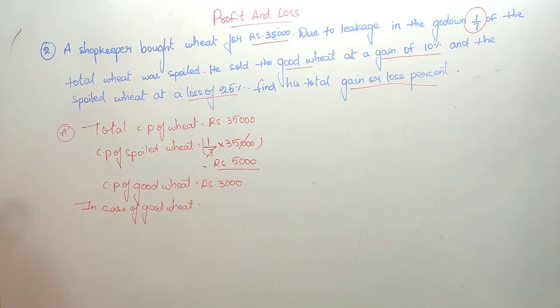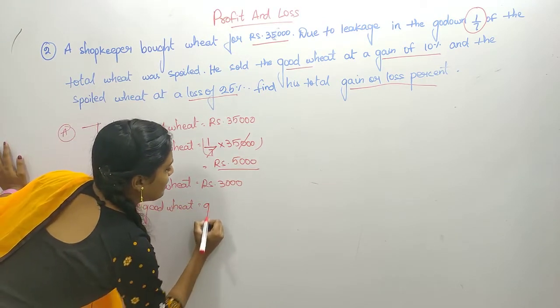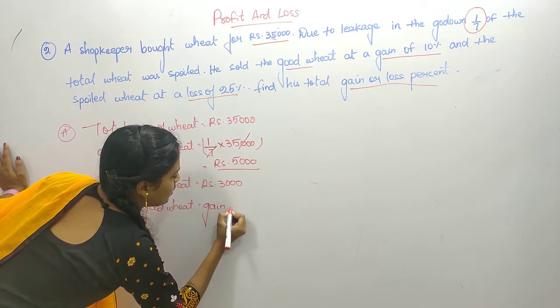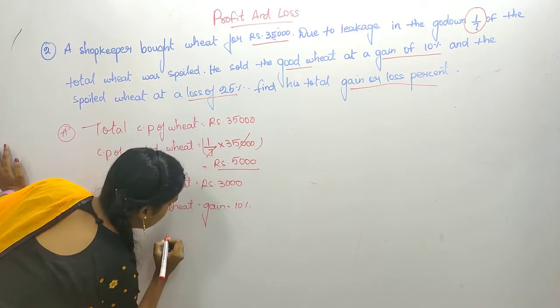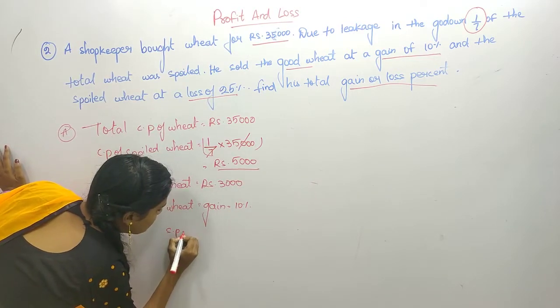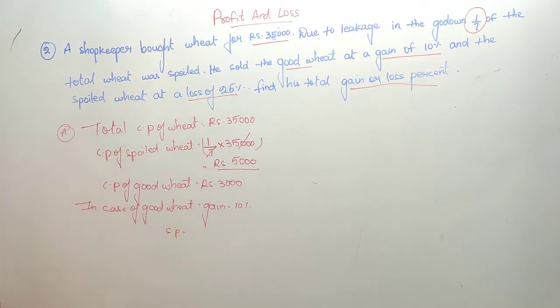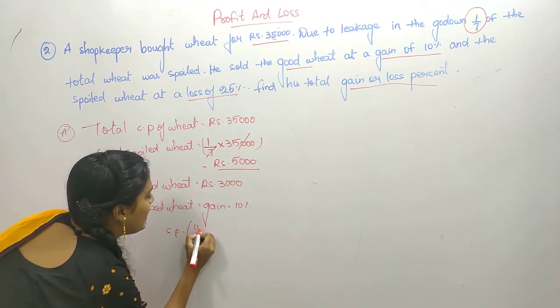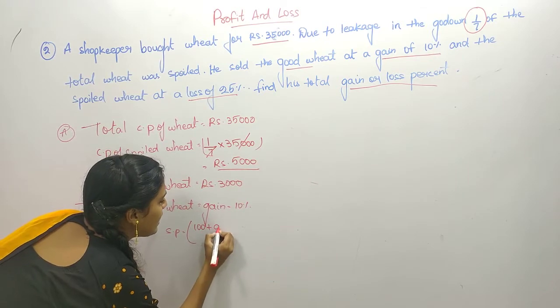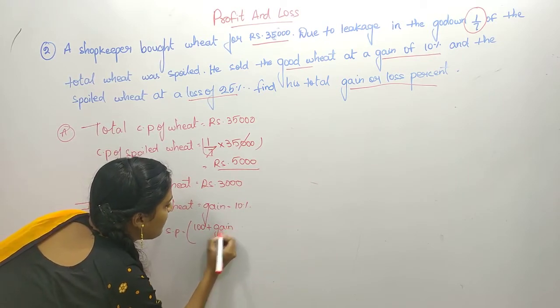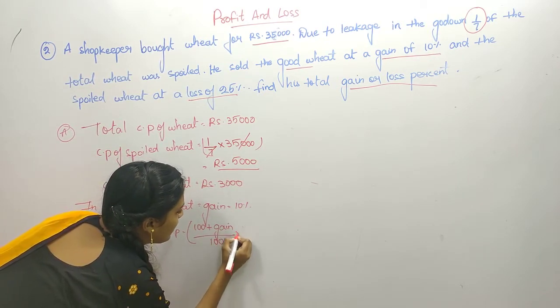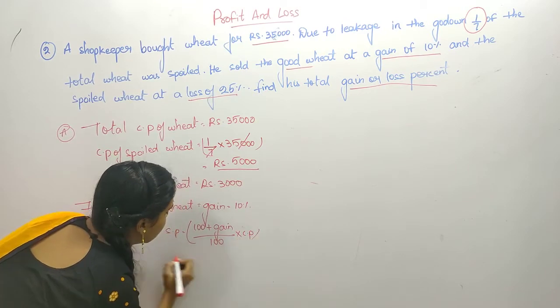Gain is given in the question. Gain is equal to 10%. Selling price is equal to (100 plus gain) by 100 into cost price.